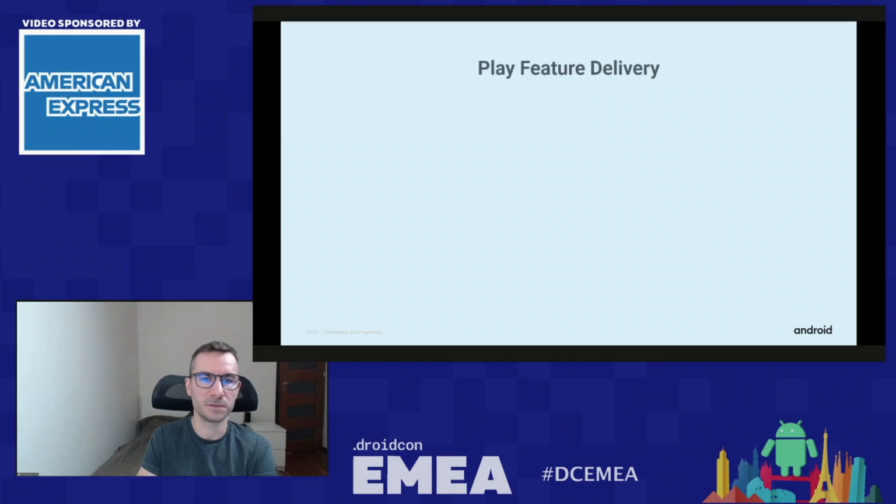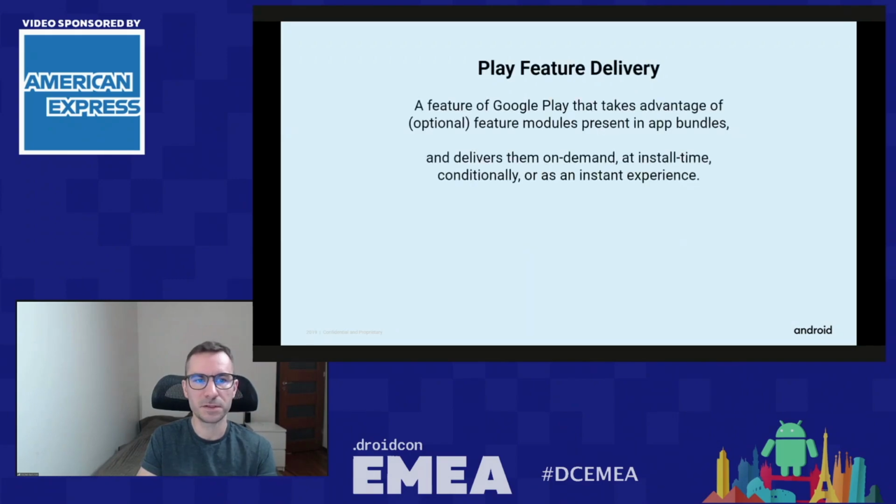So Play feature delivery, what is it? It's a feature of Google Play that takes advantage of some features of the app bundle format. So in the app bundle, you can have optional feature modules besides the main base module of your app. And then you can configure the way Google Play delivers them.